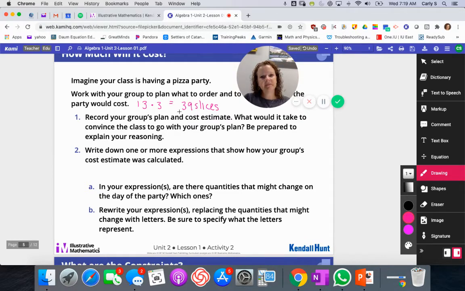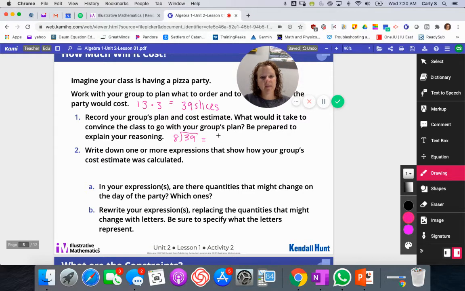One pizza has 8 slices. So how many pizzas are needed? If we do 39 divided by 8, 8 times 5 is 40.